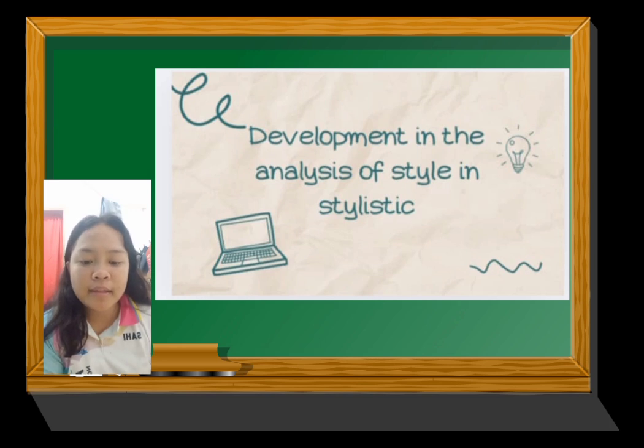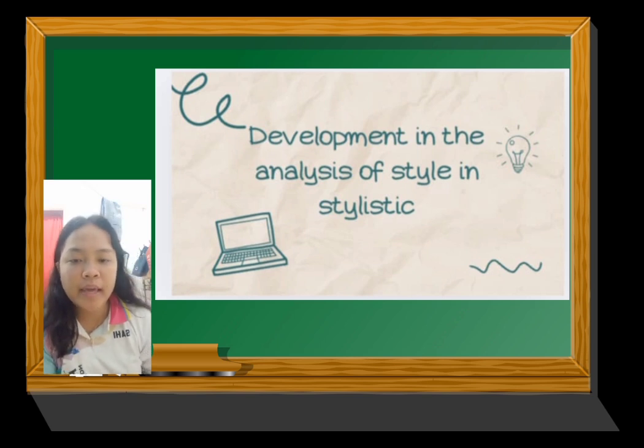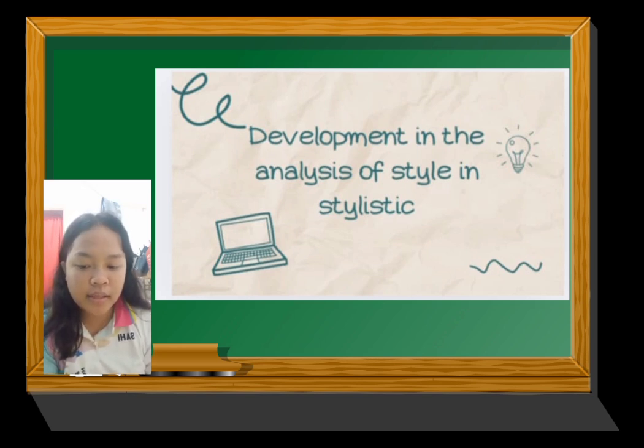Stylistic development in the analysis of styles refers to the evolution of approaches and techniques used to study and interpret language, particularly in literature and other forms of writing. This emerging field studies the development of stylistic competence in language production and reception, both in spoken and written forms.